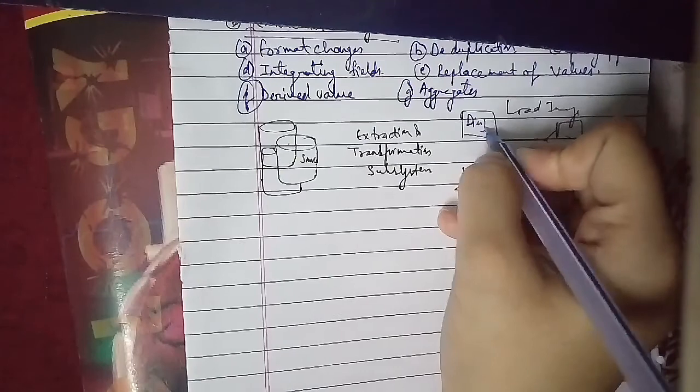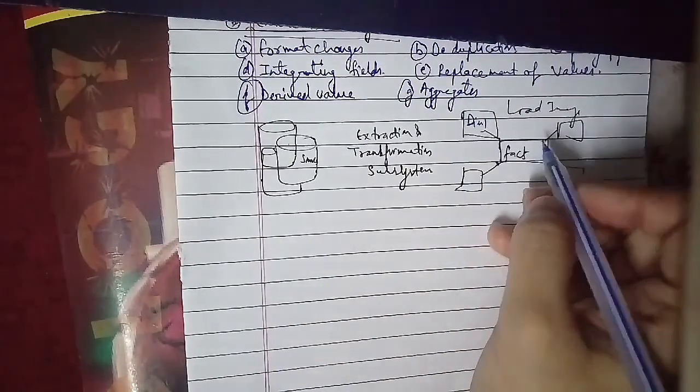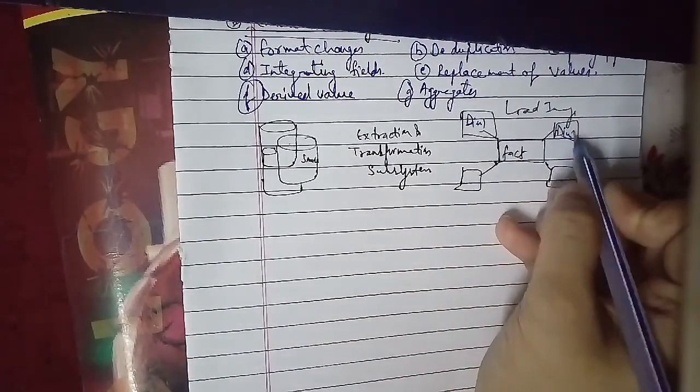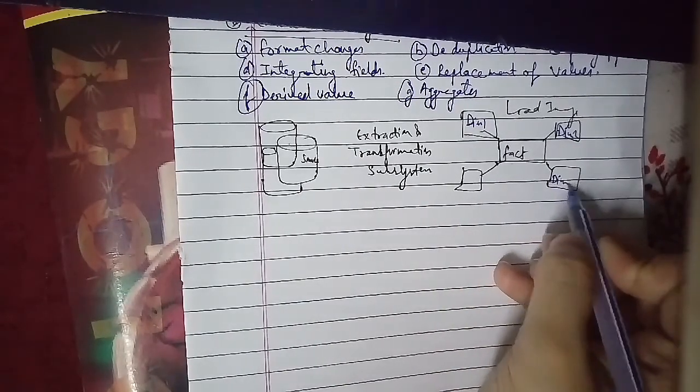The approaches for improving the overall data quality of enterprises are: the first we have is assess current level of data quality.